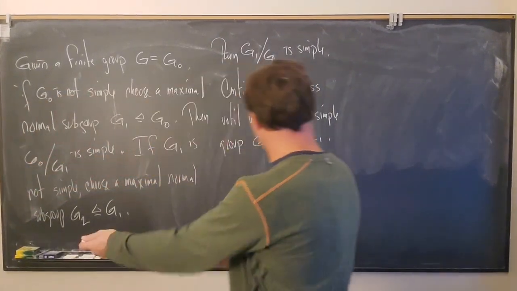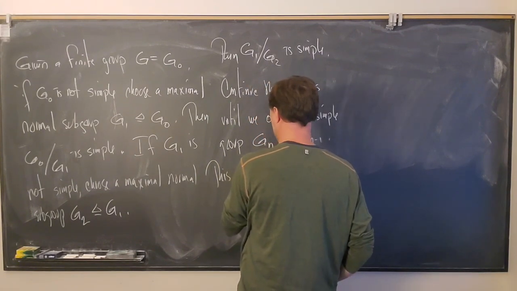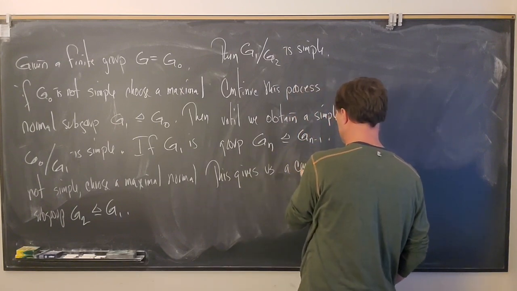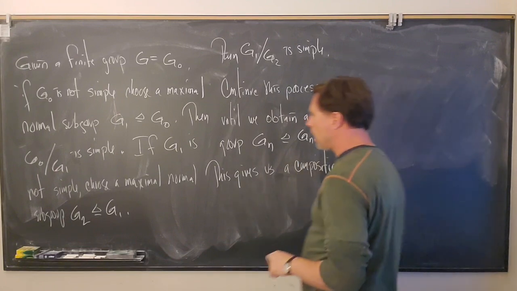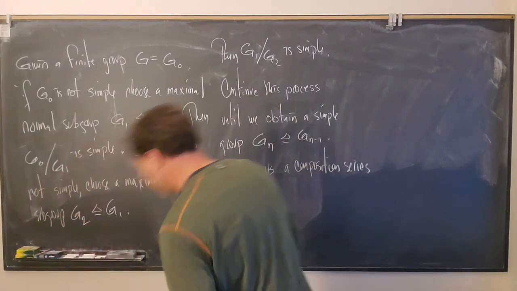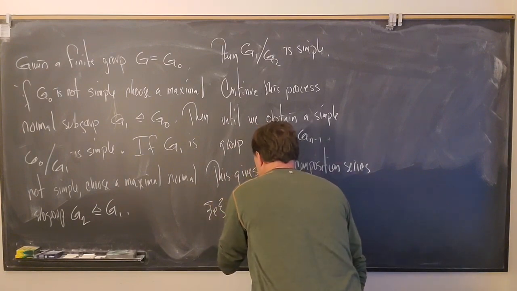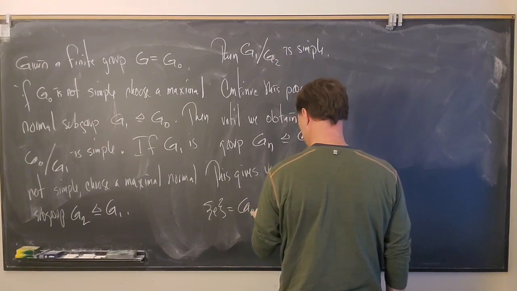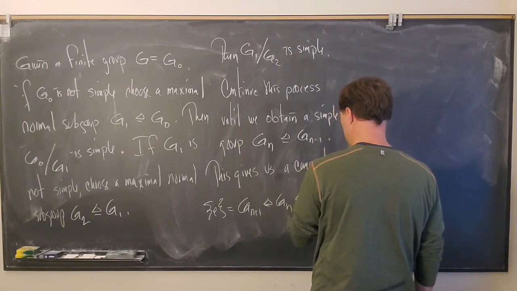Okay, now what this does is it gives us what is called a composition series, and it will go like this. We will have the trivial group, let's call that G sub n plus 1, which will be a normal subgroup of Gn, which is normal in Gn minus 1.